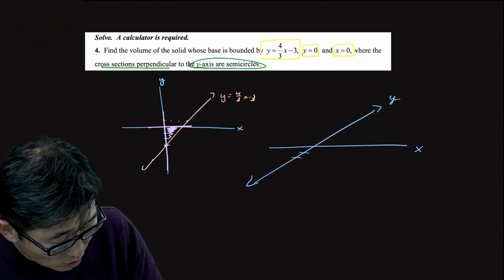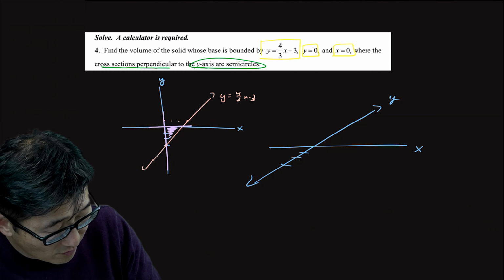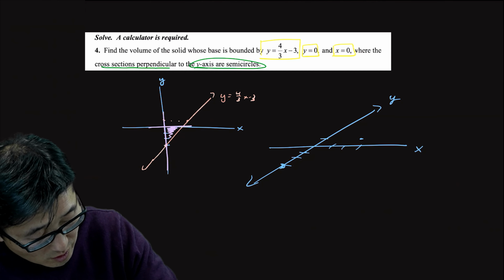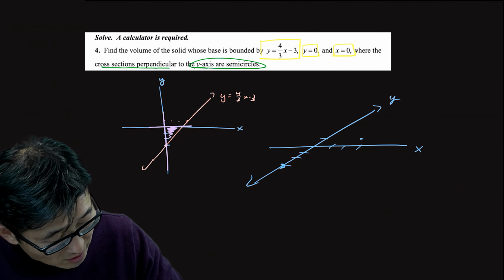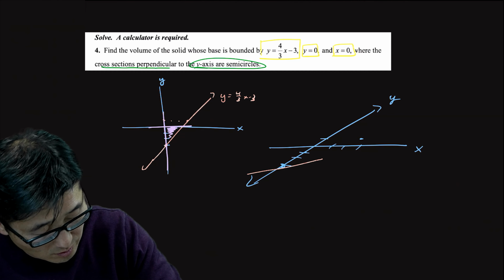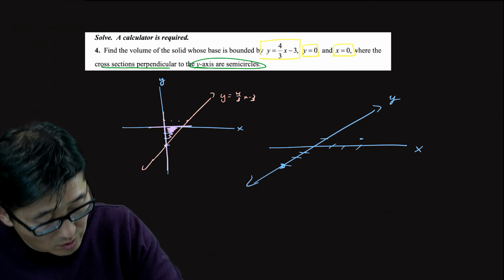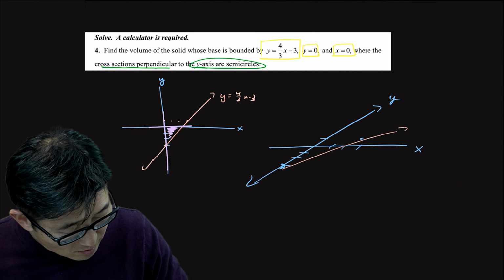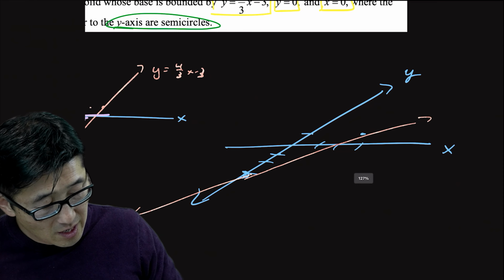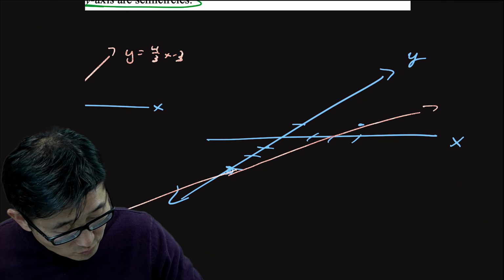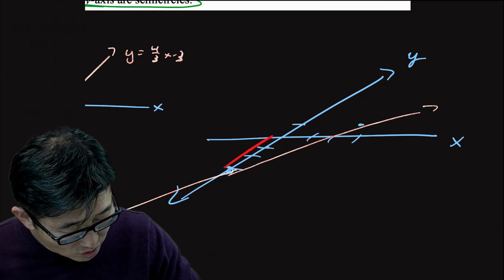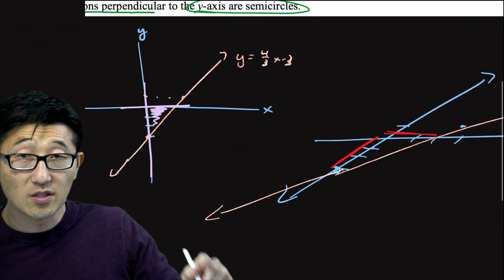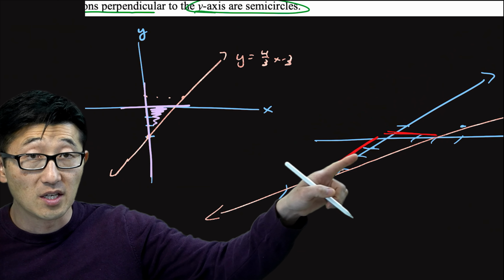The straight line will be from here to here, and we're going to bound it with x equals 0 and y equals 0. So this shade right here is this.